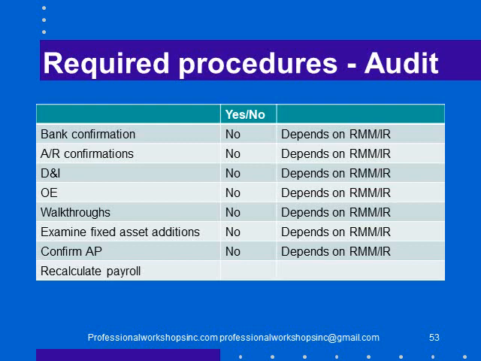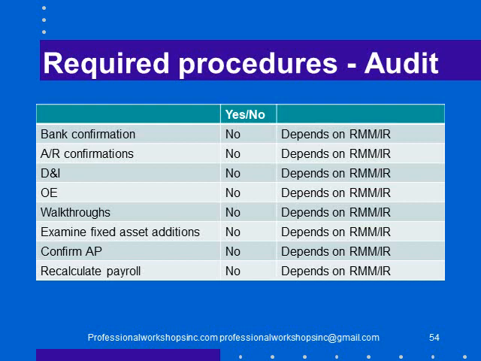The other thing is, if you have a major payroll service doing your payroll, what are the odds that they did it wrong? And what are the odds that you can deal with that with an analytical procedure? So recalculating payroll, not required, depends on risk of material misstatement and inherent risk, and depends on the other procedures available. So all these standard required procedures, we always send a bank confirmation, we always send receivable confirmations.